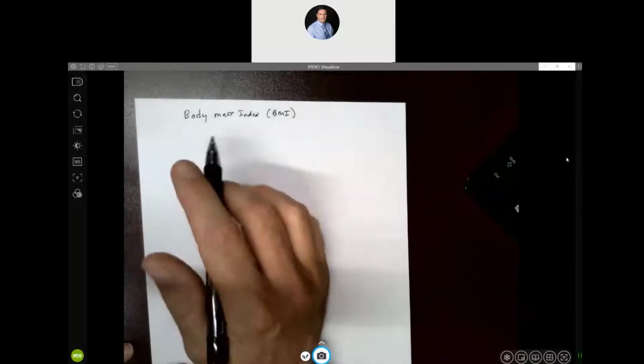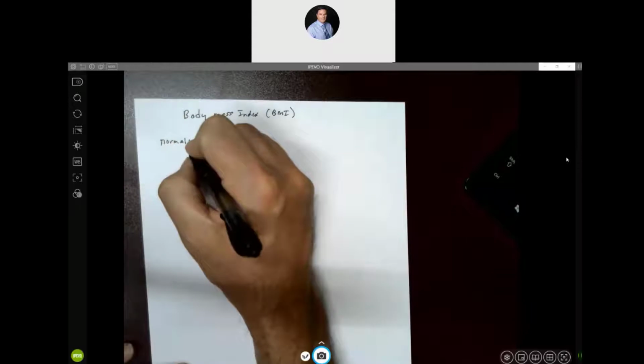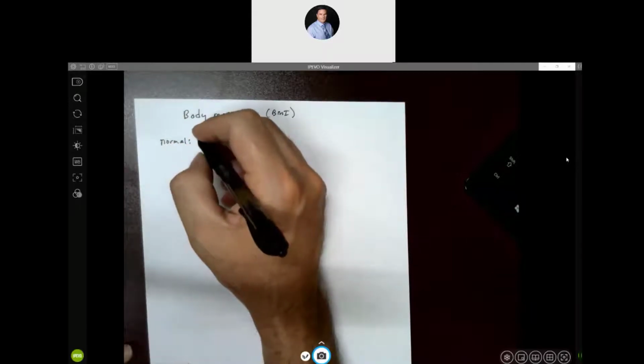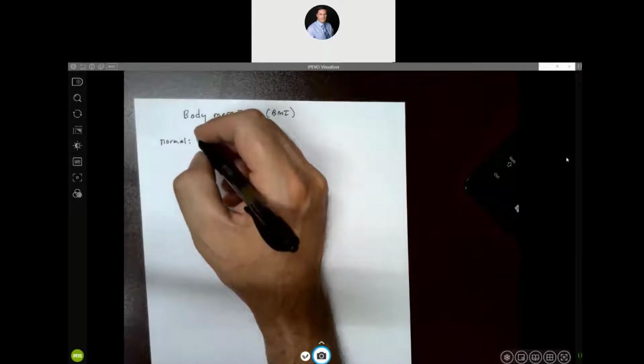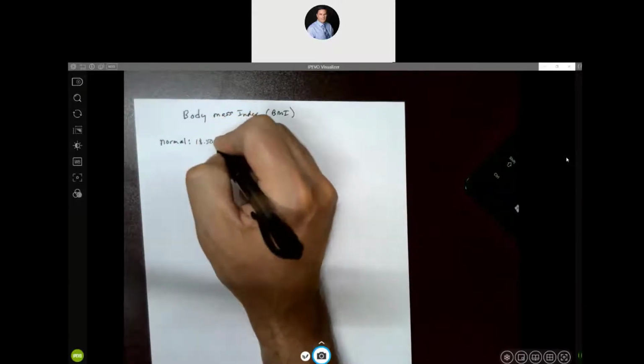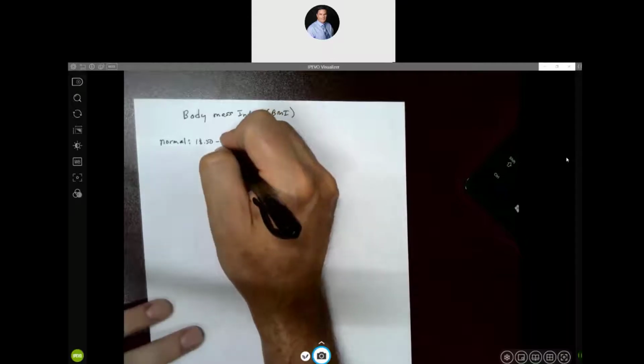Now, a normal weight status is defined as a BMI that would be between 18.5 and, hang on for a second, let me find it, 24.90.